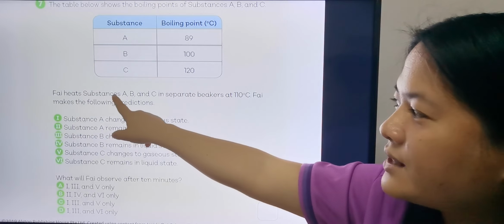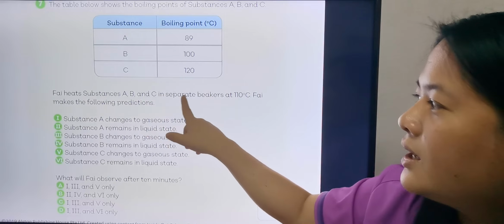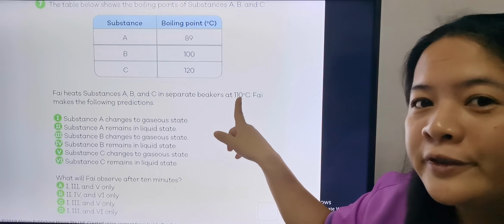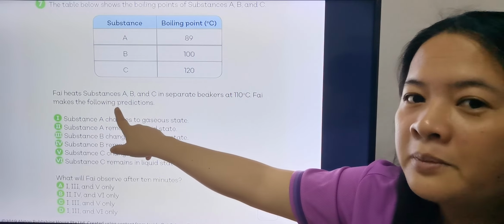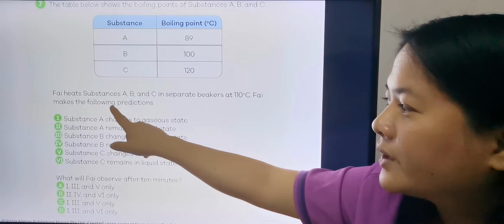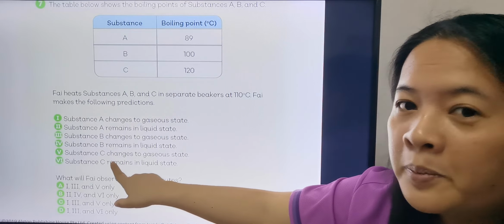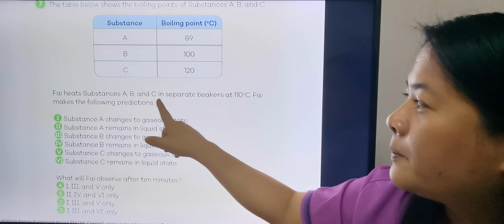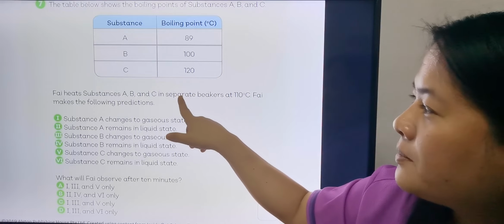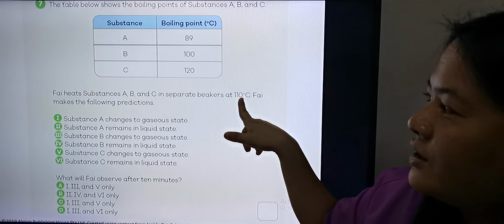Phi heats up A, B, and C in separate beakers at 110 degrees Celsius. Phi makes the following predictions. What will happen if she heats the beakers at 110 degrees Celsius?